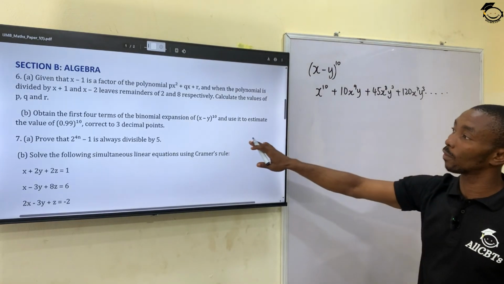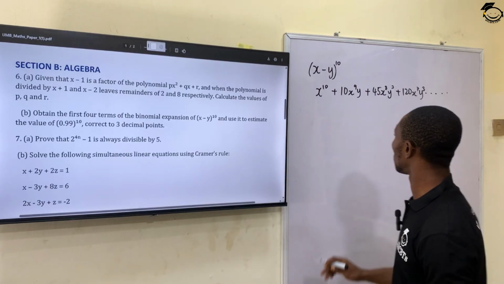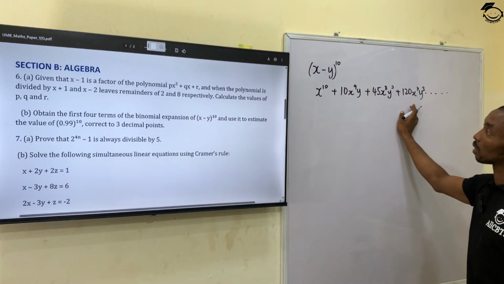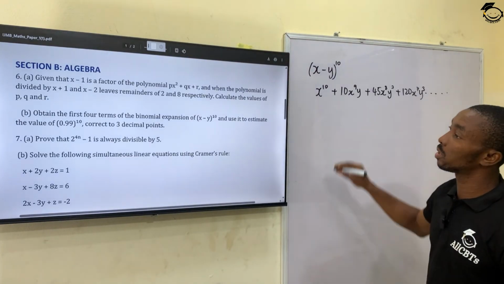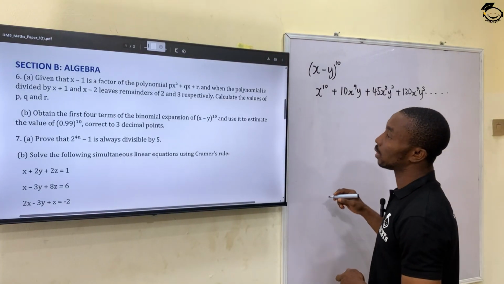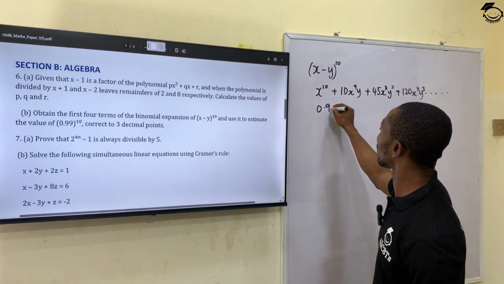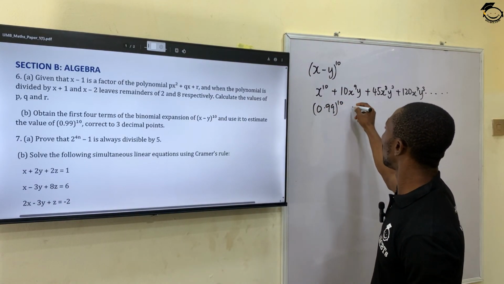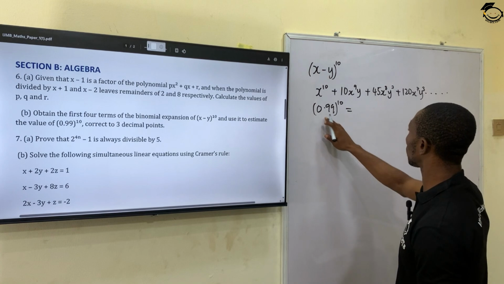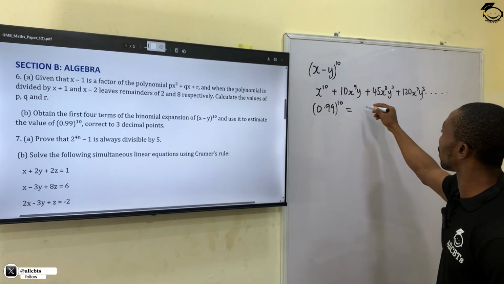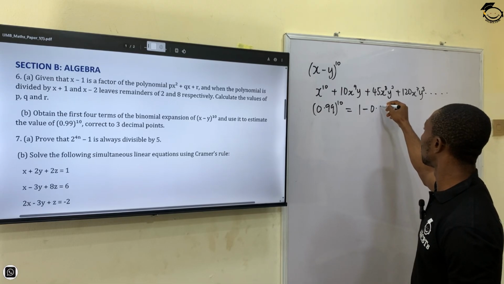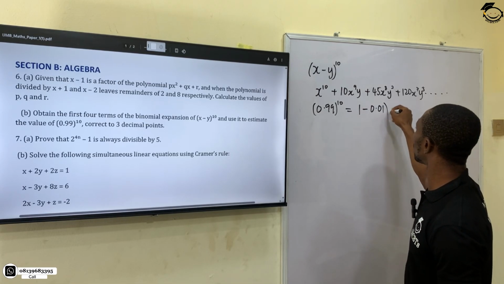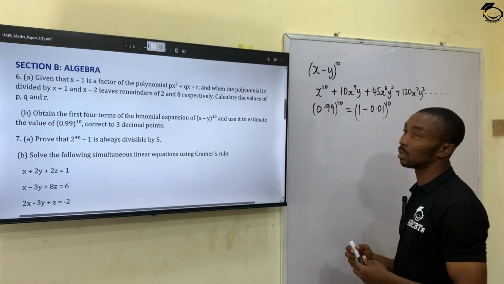So since you're interested in the first four binomial terms, 1, 2, 3, 4, these are our first four binomial terms. Now, they say we should use this to estimate 0.99 raised to power 10. And we know that 0.99 we can rewrite as 1 minus 0.01 raised to power 10.